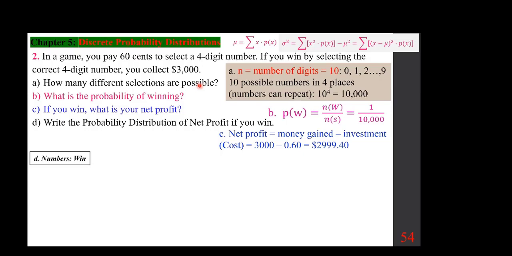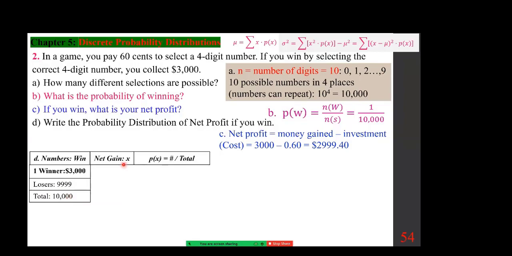So, if we win $3,000, one winner will win $3,000. The rest will not. We have a total of how many tickets or how many players? 10,000. Net gain for the winner is this much.